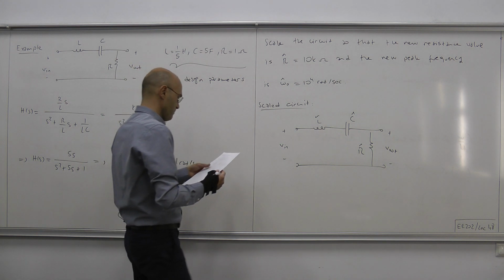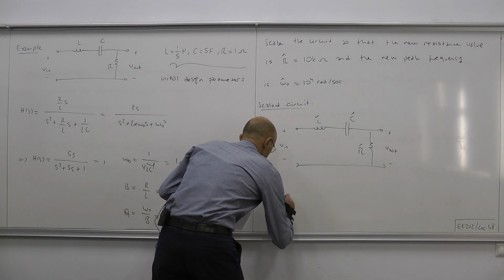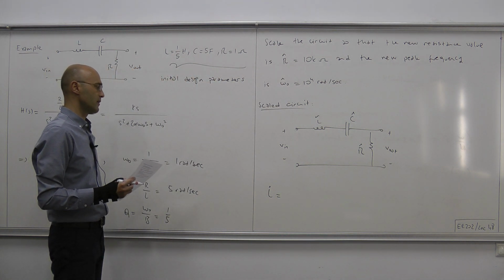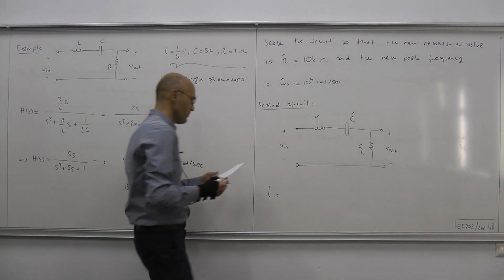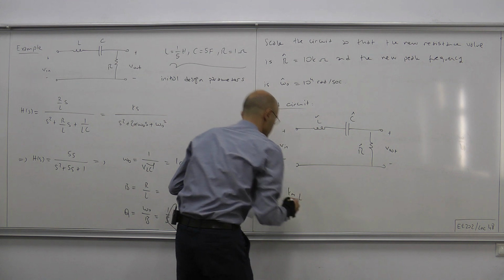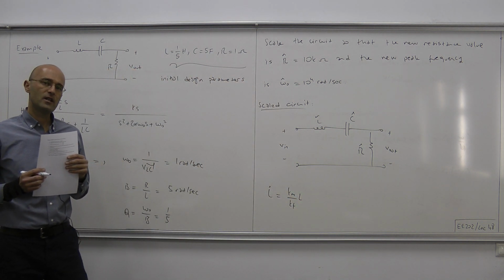Now L hat, note that we have to apply both magnitude scaling and frequency scaling, therefore L hat must equal Km over Kf times the initial or the old inductance value.